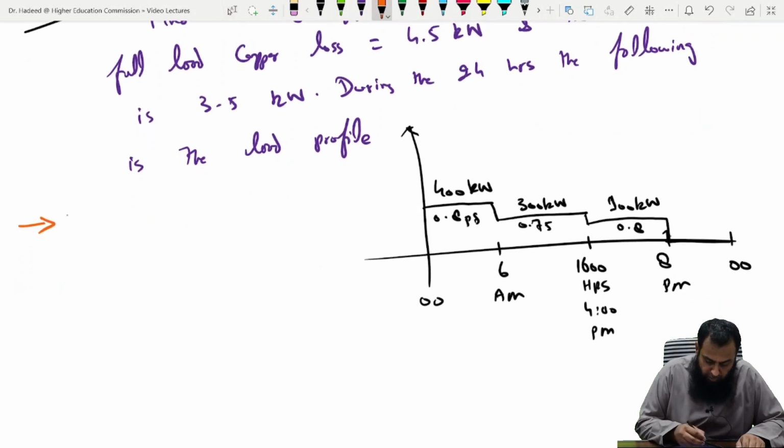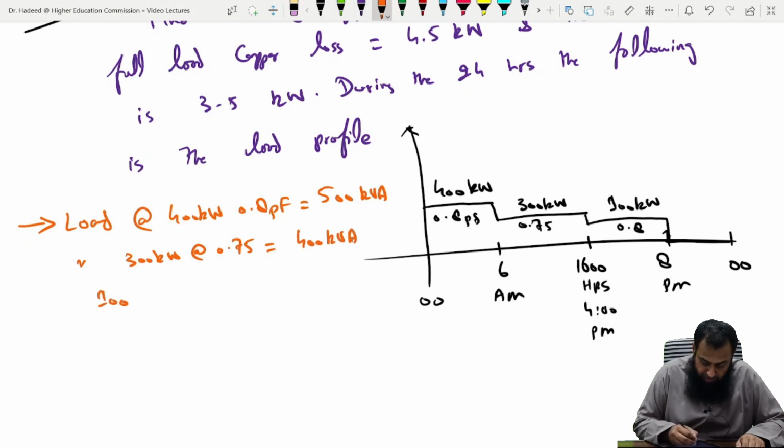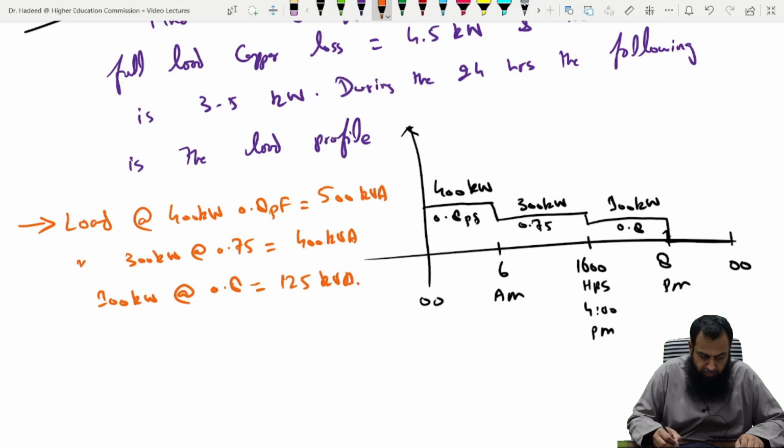Here we have the load at 400 kilowatt, 0.8 power factor, that is equal to 500 kilovolt ampere, and the load of 300 kilowatt at 0.75 power factor, that is equal to 400 kVA, and we have a load which is 100 kilowatt at 0.8 power factor. This corresponds to 125 kVA here.